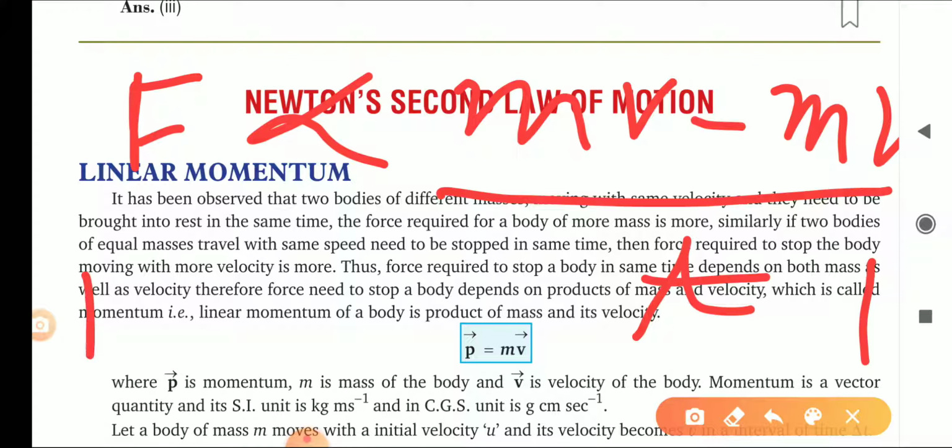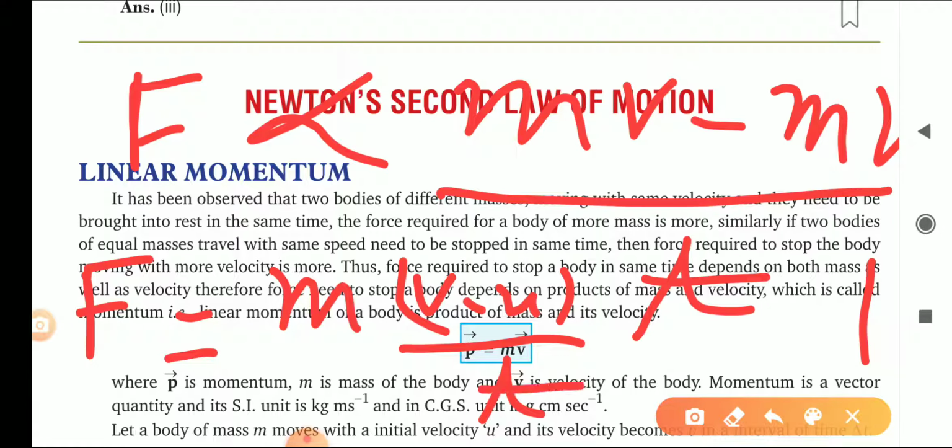That means we can write this equation as F equals m times change in velocity upon time. M common हो जाएगा, m will be common. So change in velocity upon time is what? It is acceleration.